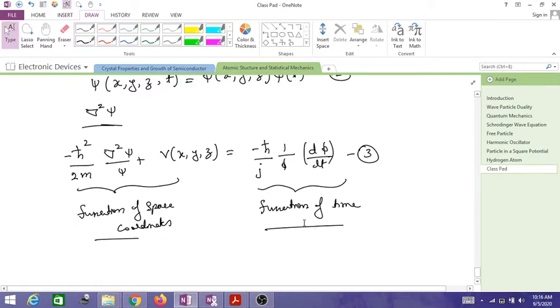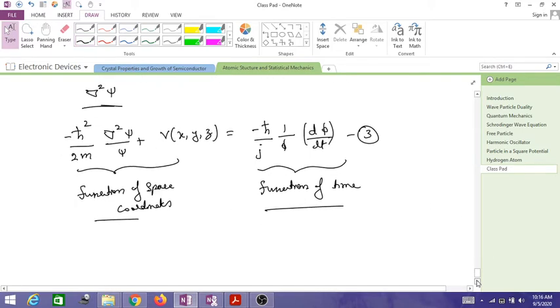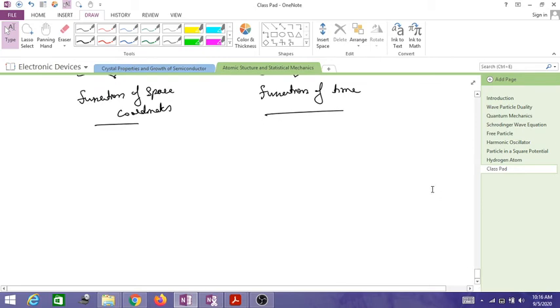That results in two simple differential equations. So both should be equal to some constant E.